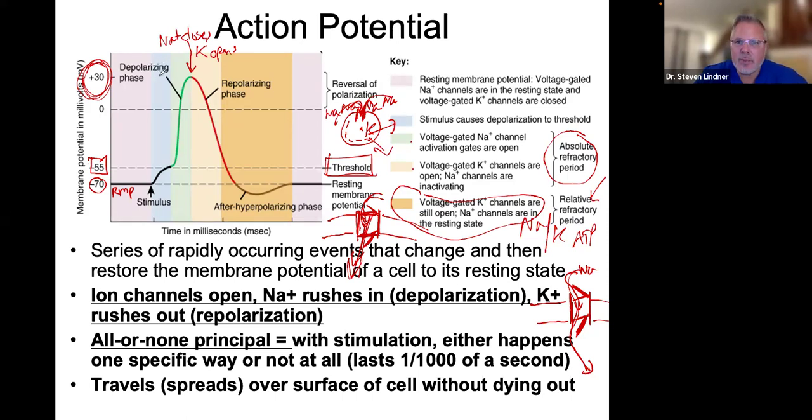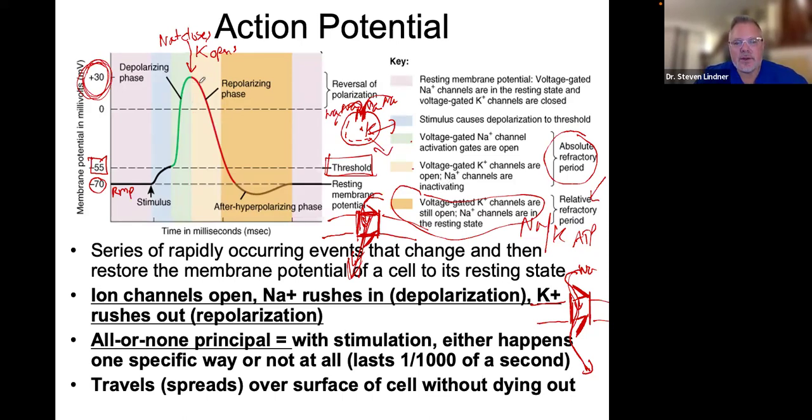Sodium channels are open, right? If you look here, the voltage gated sodium channel activation gates are open. Then right here, the sodium gates are starting to close. You can see in the peach color, the voltage gated potassium channels are open and the sodium channels are inactivating. So they're starting to close.